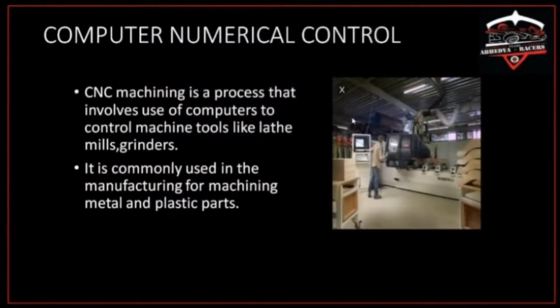CNC machine works based on CAD and CAM programs and computer control. CAD, which is known as Computer Aided Design, is a drawing software used to increase productivity of designer, improve quality of design, and to create a database for manufacturing.